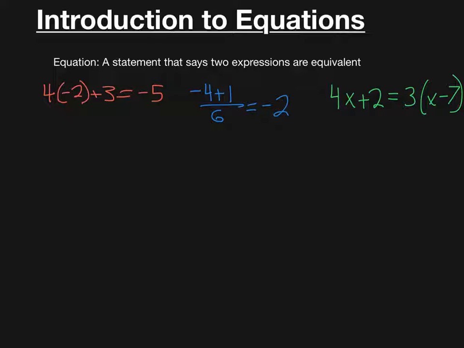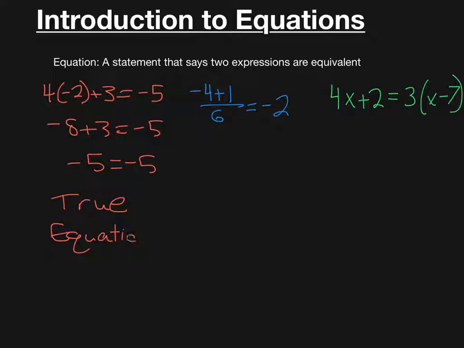Let's use the order of operations on the left. 4 times negative 2 is negative 8, plus 3, and negative 8 plus 3 is negative 5, right? So we can prove that an equation is true. We stated that these two expressions were equivalent, and we proved it. That's a true statement.